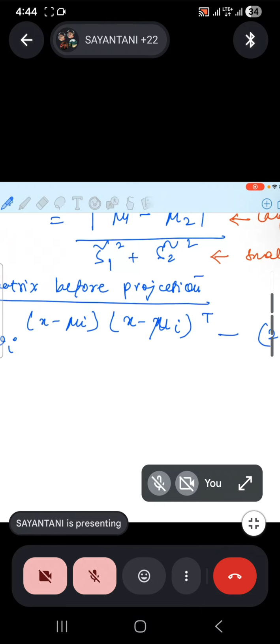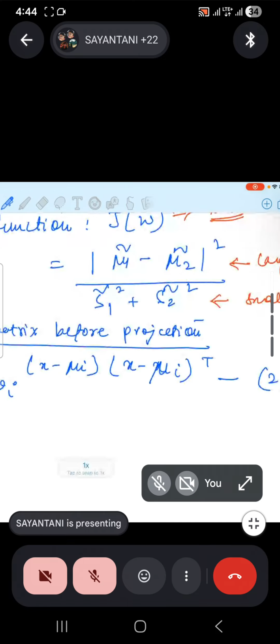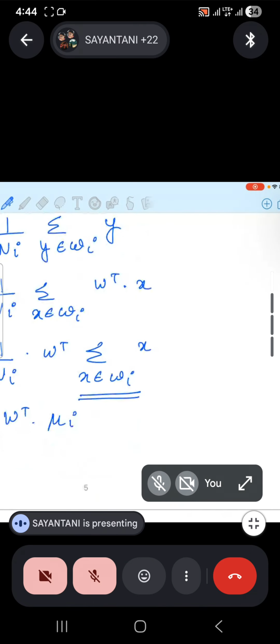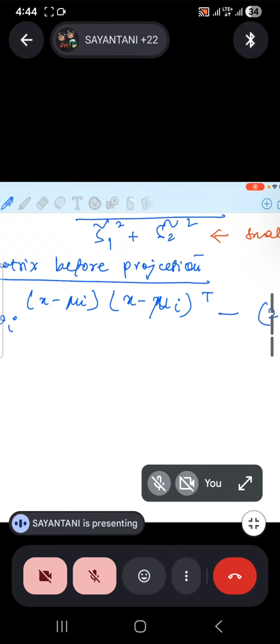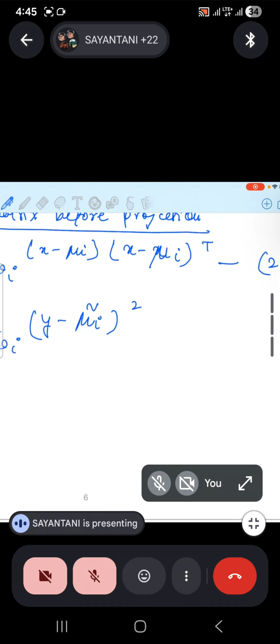I forgot to mark equation number 1. So this is going to be your equation number 1, that is your mean value. From here, we continue the derivation. If you remember, after projection, Si tilde was this equation. Now substitute the value of y and mu i tilde.